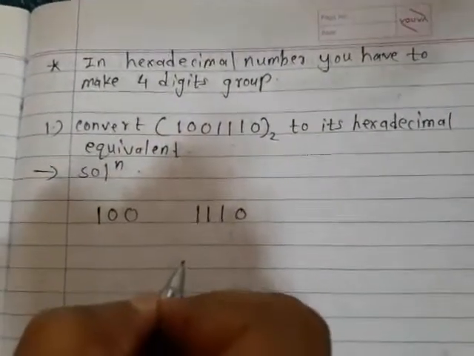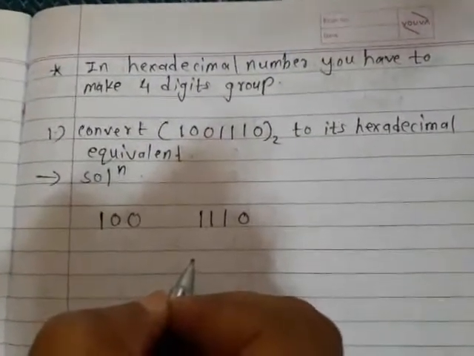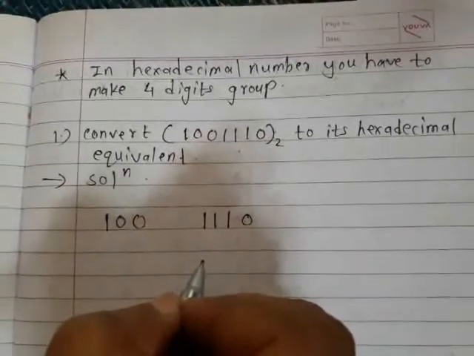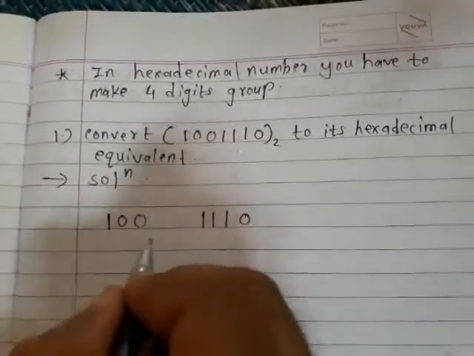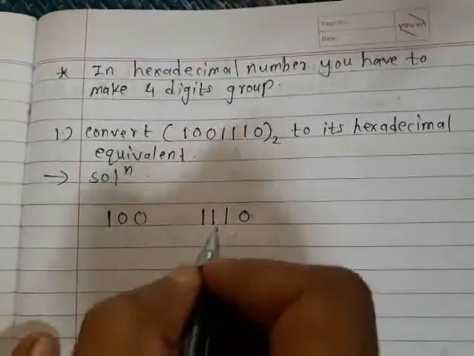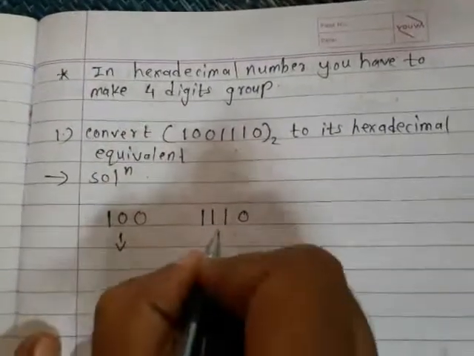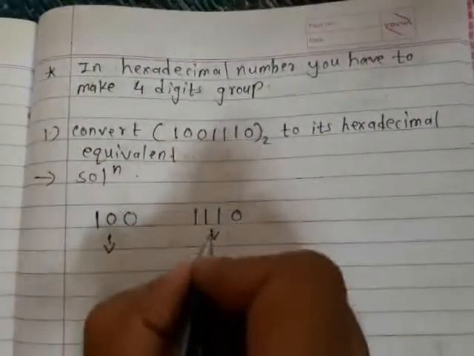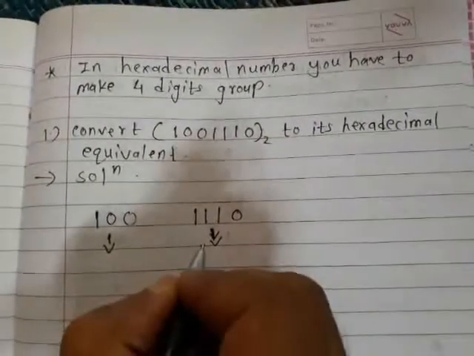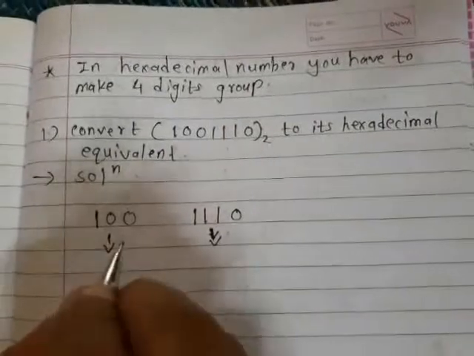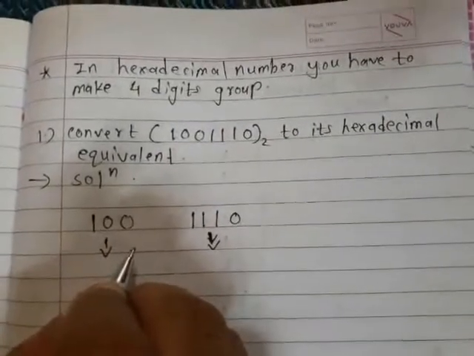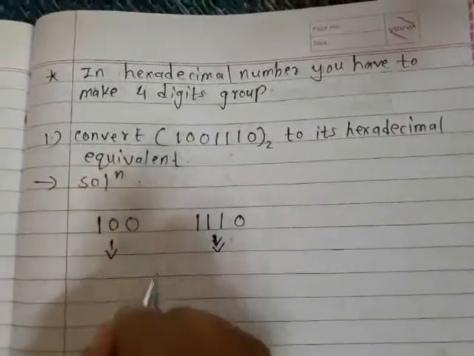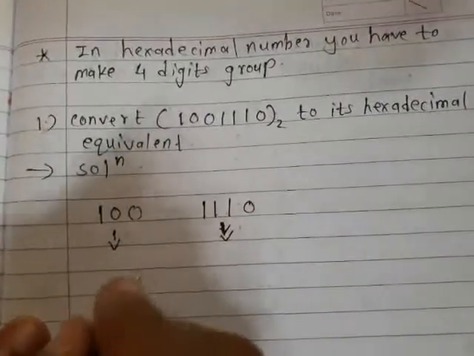Now what happened here students, 1 0 we have to add. Now see here, these are 4 digits, and these are 3 digits. Now what you have to do, you have to add digits to make a 4-digit number here.